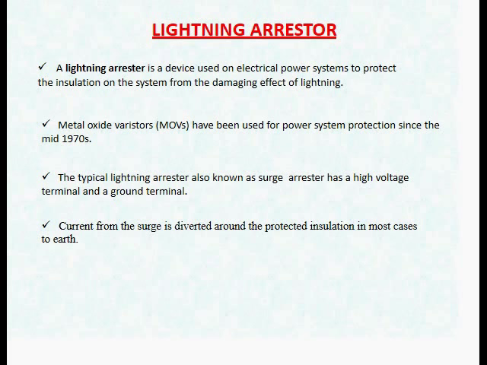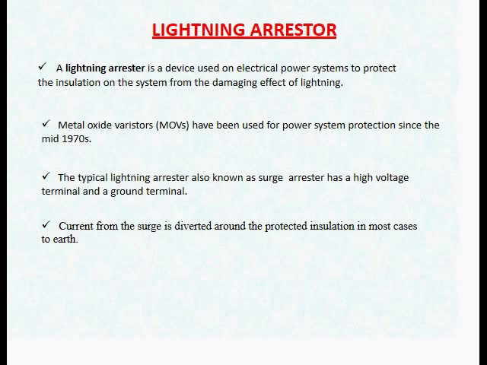The lightning arrestor is the first equipment placed on every incoming line, and it is situated on both sides of a power transformer, because the power transformer is the most costly equipment in the substation. So to protect it, lightning arrestors are used on both sides. Metal oxide varistors or MOVs have been used for power system protection since the mid 1970s, and are the most used element inside a lightning arrestor.